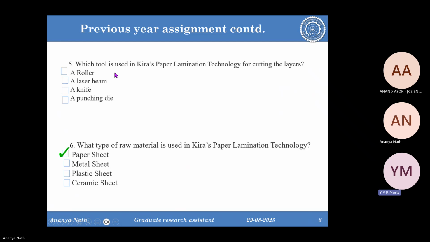Which tool is used for cutting the layers in Kira's paper technology? Knife. Is it a laser? No, it's the knife. In LOM, it's laser. You can remember like LOM, so laser. And Kira's is K, so knife, mechanical.